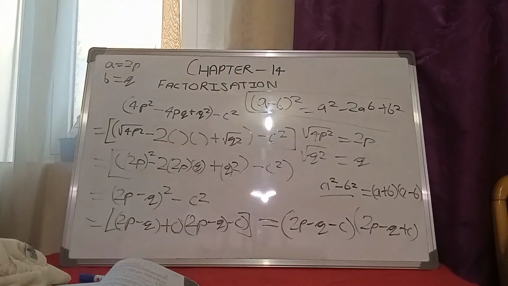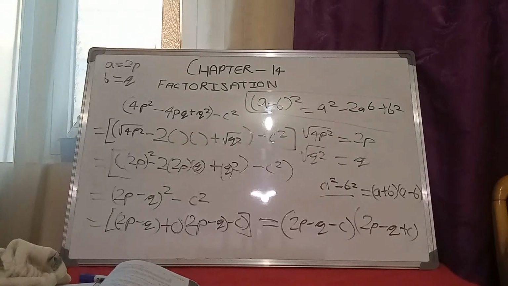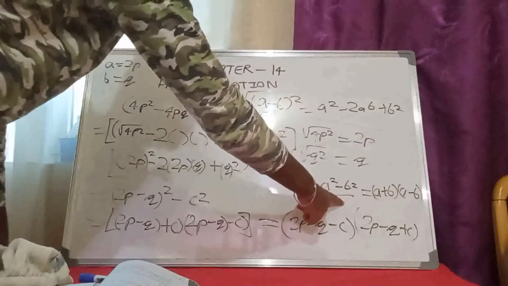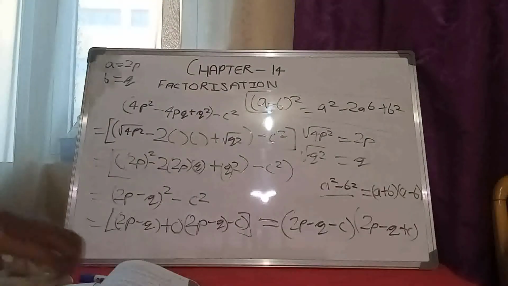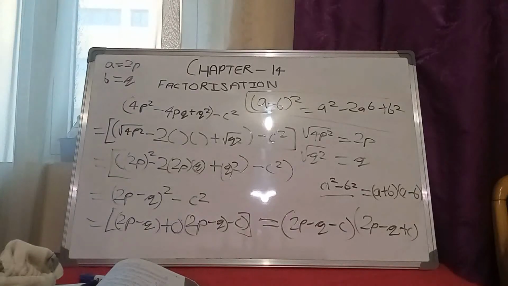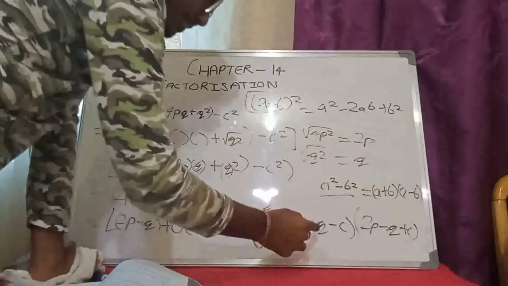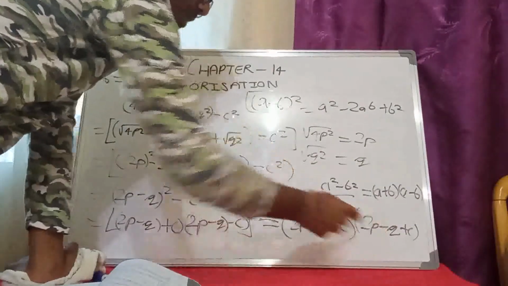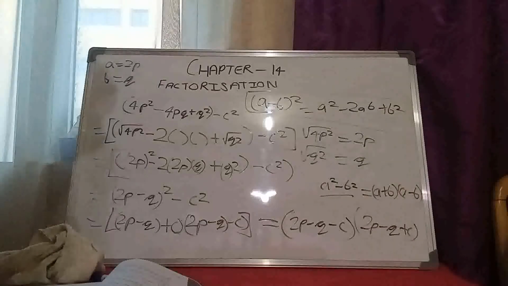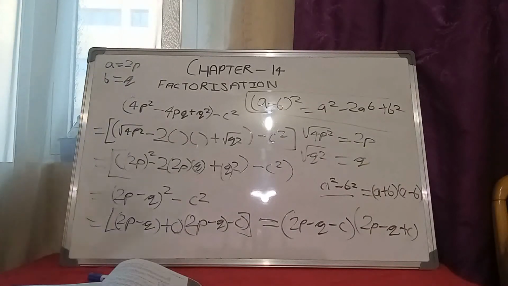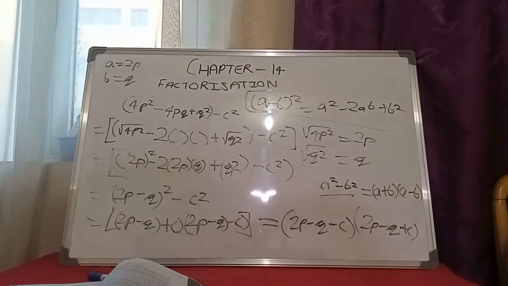So we can see here that this question requires first the factorization of a minus b the whole square, and then the factorization of a square minus b square. So here we use identity number 2 and identity number 3 for the factorization, and we get the terms 2p minus q minus c and 2p minus q plus c. These are the answers. Now going forward, we have another really complicated question that can come.